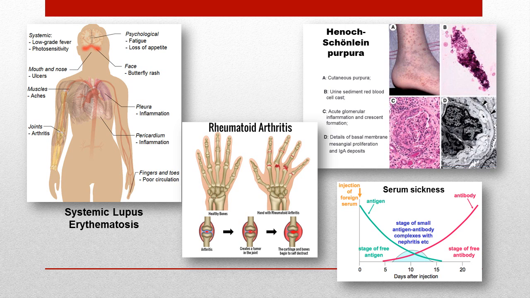Skin response to hypersensitivity of this type is referred to as Arthus reaction, which is characterized by local erythema and some induration. This typifies the response to injection of foreign antigen, sufficient to lead to the condition of serum sickness.